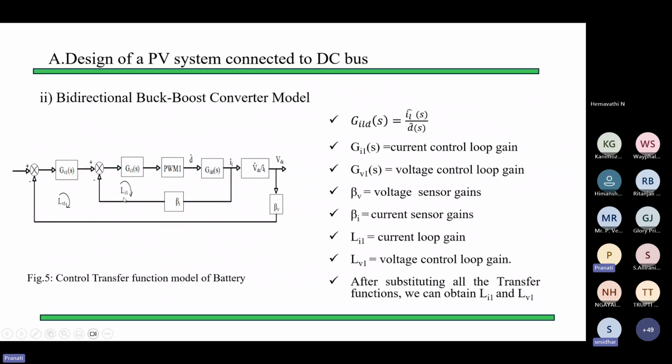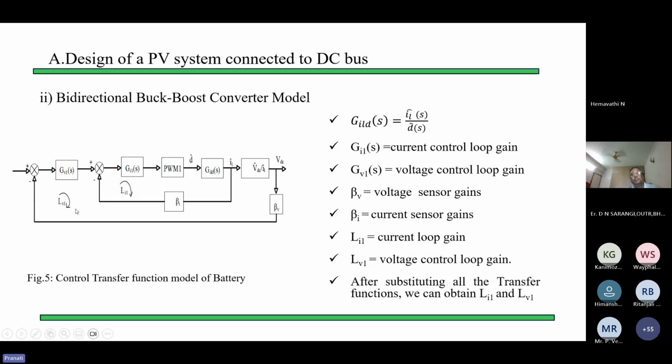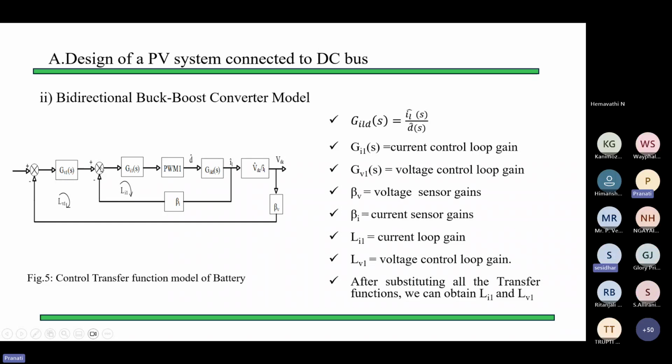Okay. This is the inner current control loop. This is the outer voltage control loop. As you see with the pointer, this is the inner current control loop. Beta I and beta V are the sensor gains. Beta I is called the current sensor gain and beta V is the voltage sensor gain.